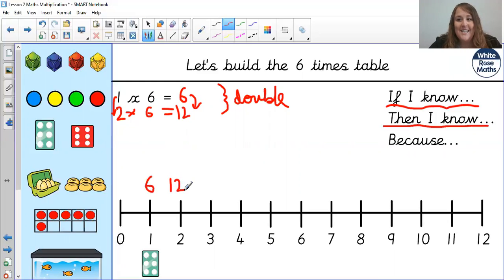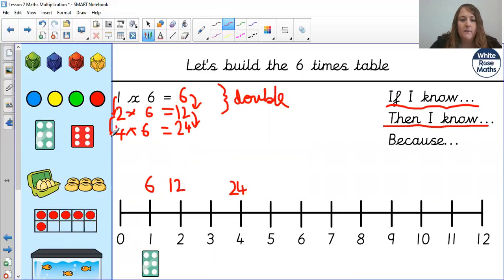Then I'm going to do the exact same thing again. If I know 2, I can double again and know 4. So I know 4 times 6. And again, I simply double my answer, 12 doubled, which I know 2 doubled is 4, and 10 doubled is 20. So again, I'm going straight over here for 24, and I'm missing out that number 3 at the moment.